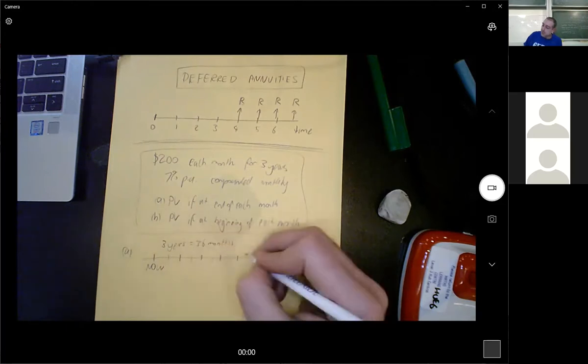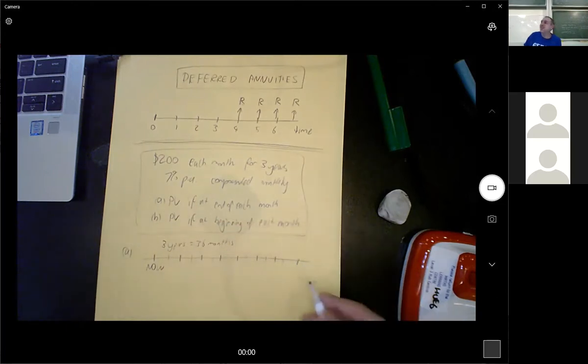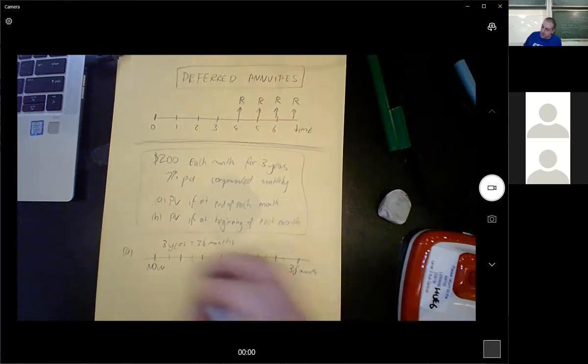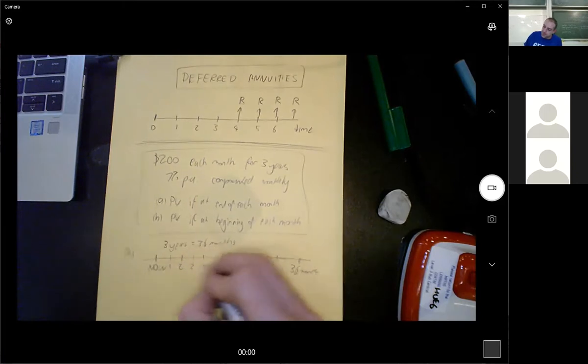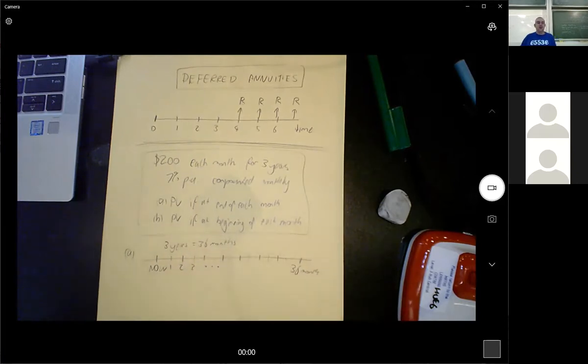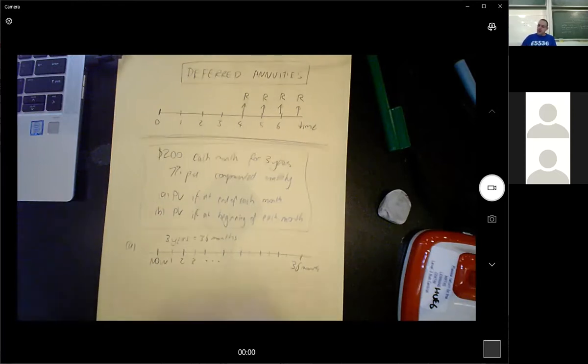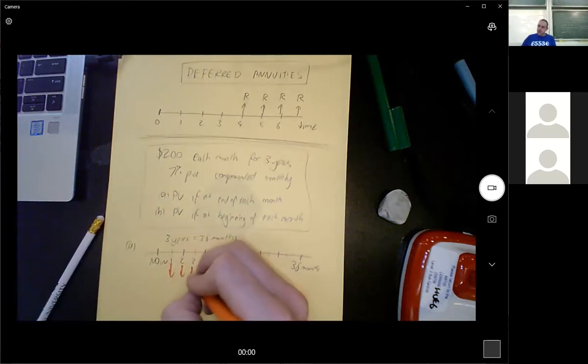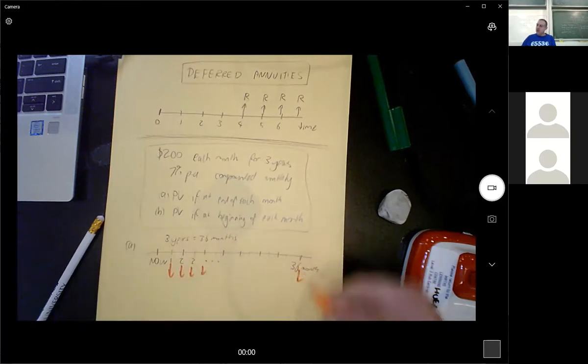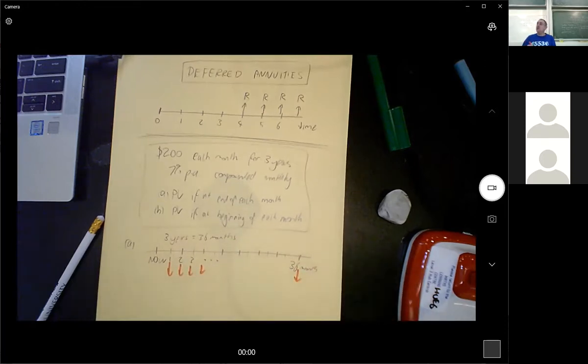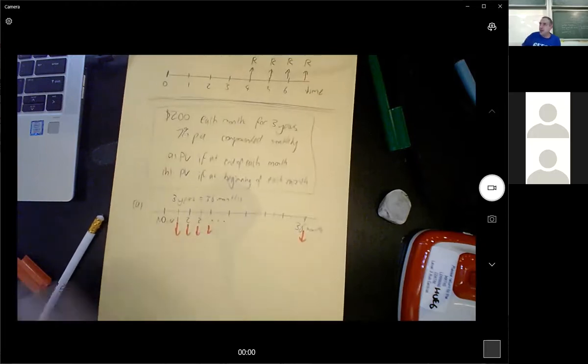There's a lot more of these than I've drawn. So 1, 2, 3, and then however many there are. In the first one, the payments begin here at the end of each month, and there's one at the end of the 36 months. I always get the formulas for this wrong, but I'm just thinking it out.